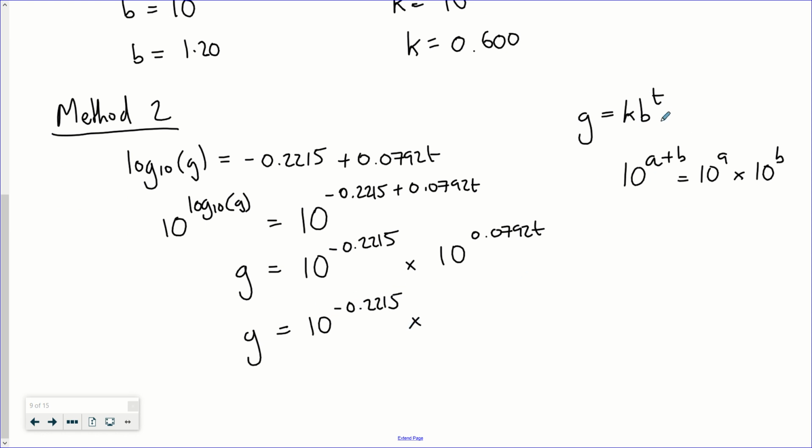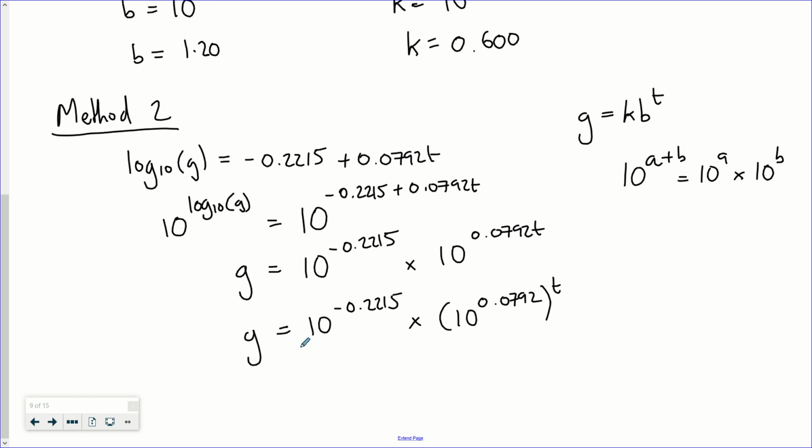And then we want this second part to be in the form b to the power of t. Well, the way that we can do that is we can write that as 10 to the power of 0.0792 and then to the power of t. Because if we were to simplify this, we would times the two powers together and end up with what we originally had.